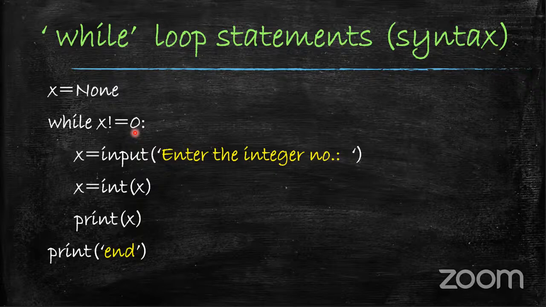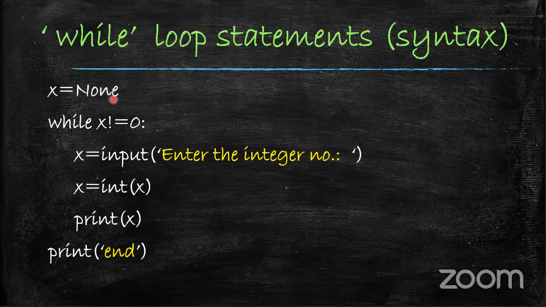Print end does not have an indent, which means it is not part of the loop. To find out which part of the program a statement belongs to, you have to look at the indent. It does not have an indent and is aligned with the while, so it is part of the program where while and x = None are written.